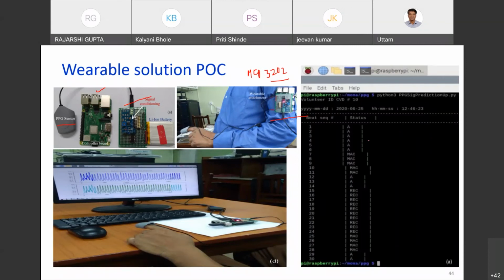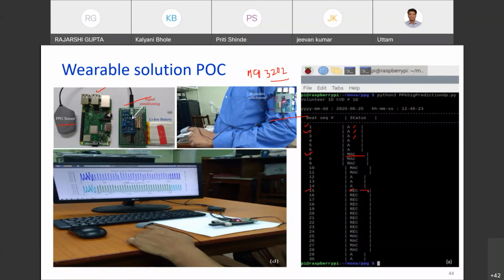On the right side of the screen, you can see that this A represents the data logging part. As per the bit sequence number, the first bit is acceptable, the second bit is acceptable. Likewise, the unacceptable bits start from bit number 7. MSC means motion artifact corrupted. So from here the reconstruction starts.